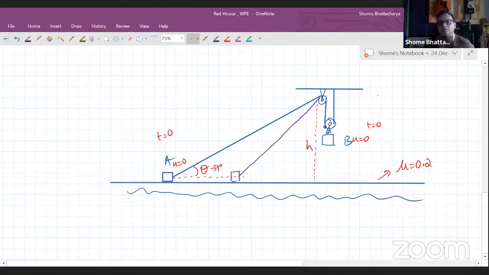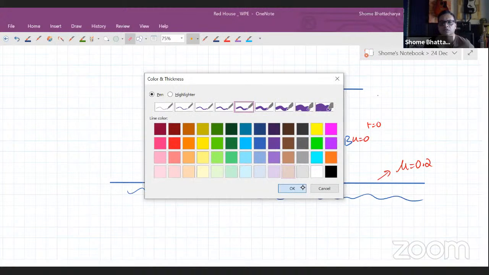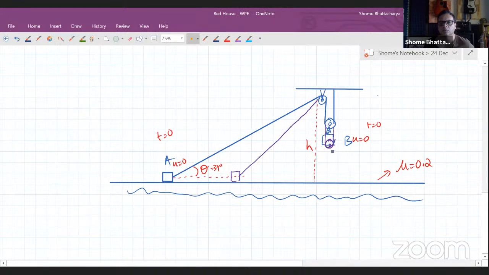By then it has released some thread, and as a result it has released the pulley a little bit. So B has gone down and reached here. This is at some time t, when this angle has become 53 degrees.